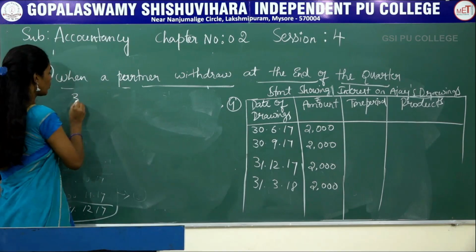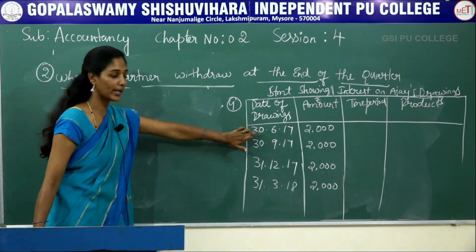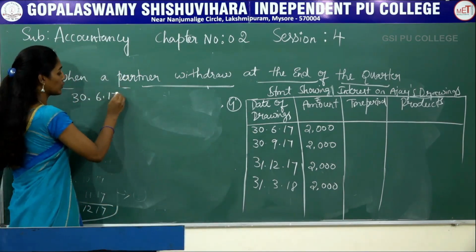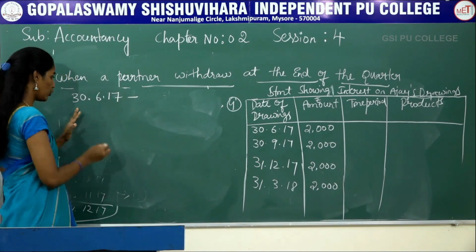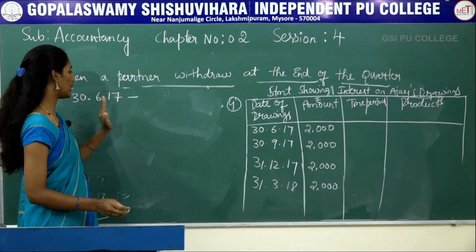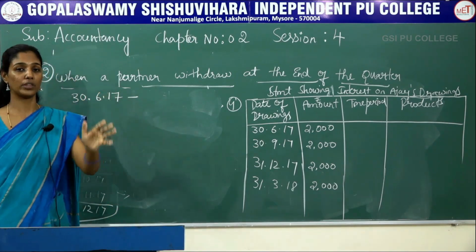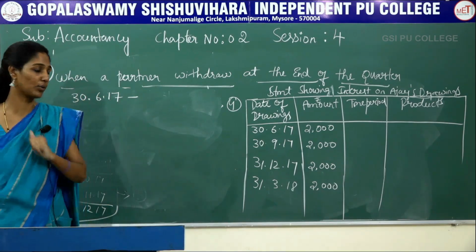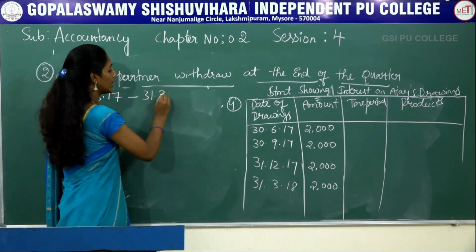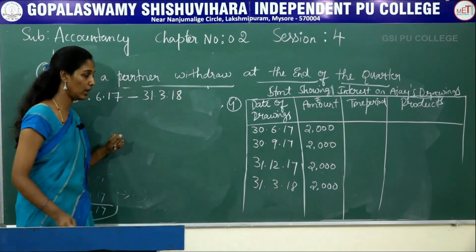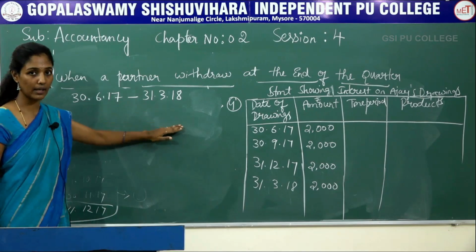First consider the date of drawing 30/6/2017. The time period is calculated from the date of withdrawal till the end of the accounting period, that is 31/3/2018. Now count the number of months.